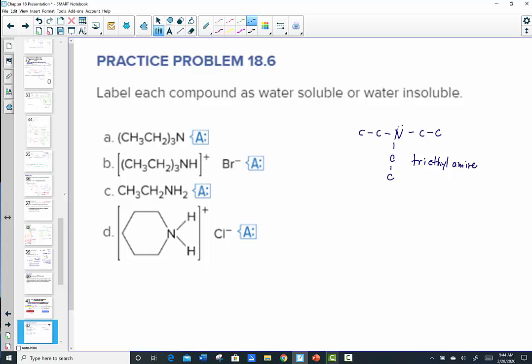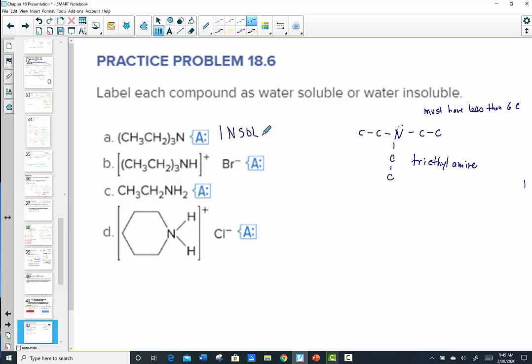And the rule says to be water soluble, you have to have less than 6 carbons. So therefore, that is 1, 2, 3, 4, 5, 6 carbons, making this insoluble.